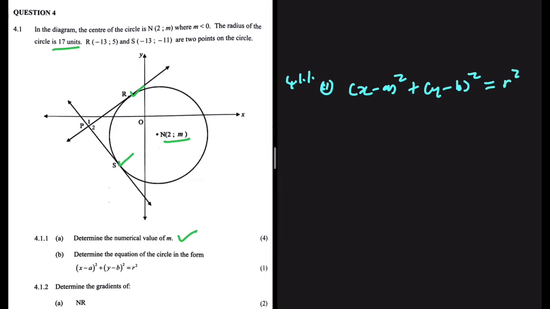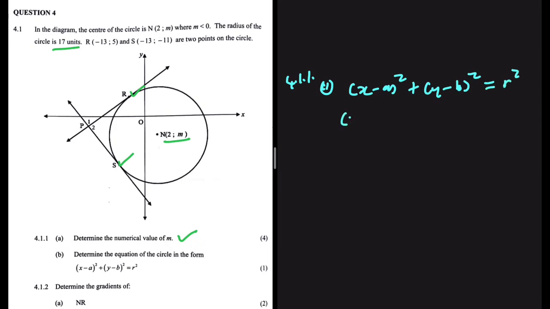Determine the numerical value of m. We are given N, the center of the circle, and that's where we have our variable m. Another information that we're given is the coordinates of R and S, together with the radius of our circle. It is said to be 17 units. So we can go ahead and try setting up an equation for our circle in the form (x minus a) squared plus (y minus b) squared being equals to r squared.